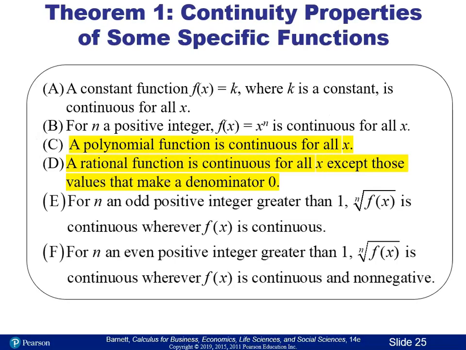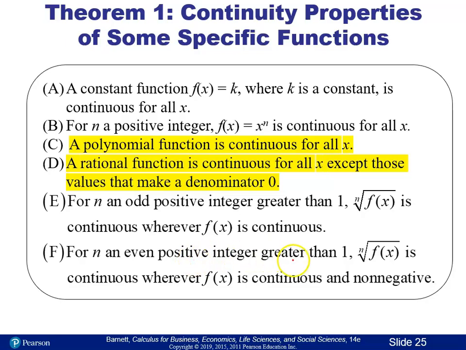Okay. So looking at a few of these, you've got a constant function would be continuous. x to the nth would be continuous. A polynomial is continuous. A rational function is continuous except where the denominator is equal to 0. If you've got the radicals here, then if n is odd and greater than 1, it's continuous wherever f of x is continuous.